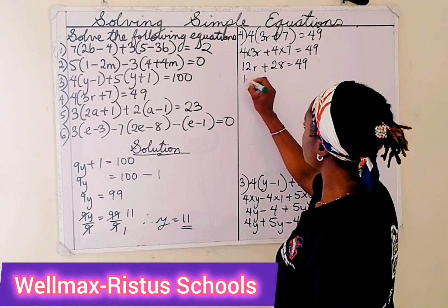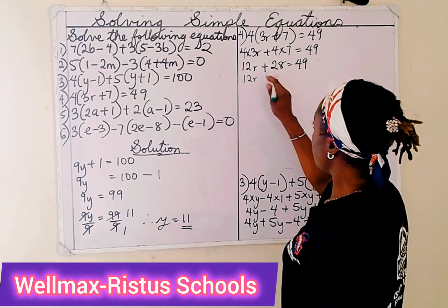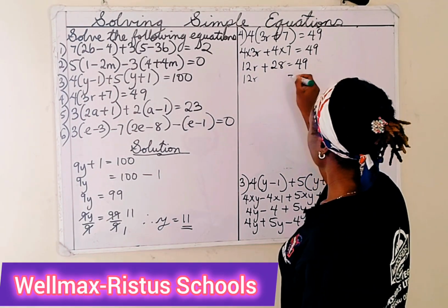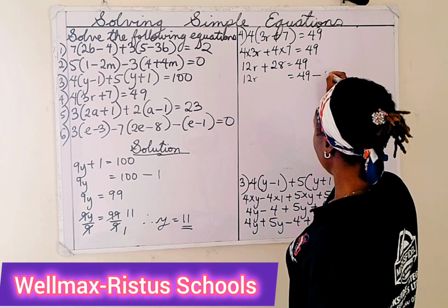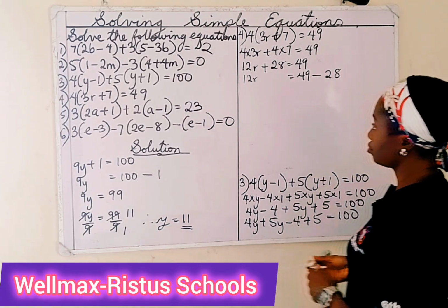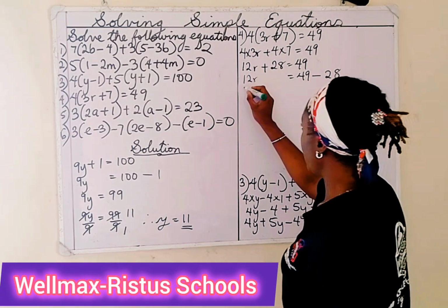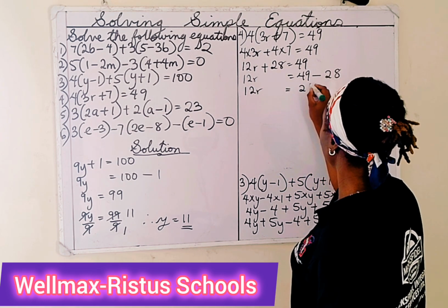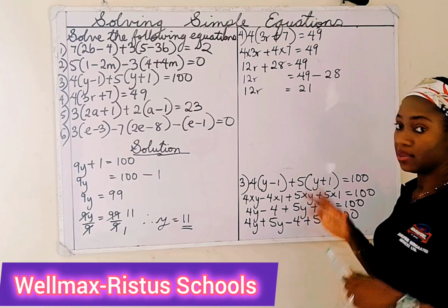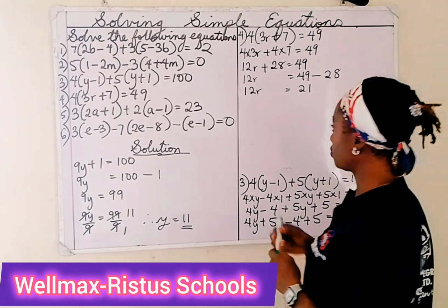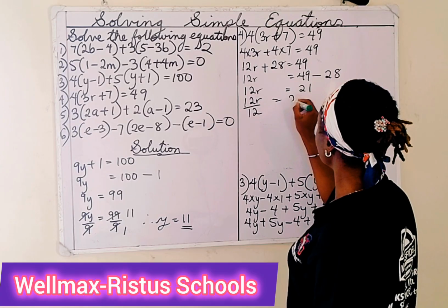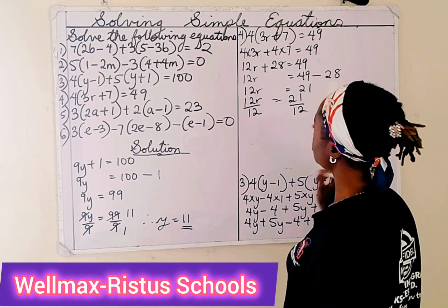So we're left with what? 12r. Now we have to move plus 28 to the other side. 12r equals 49 minus 28. Alright? They'll have 12r equals 21. Then we're going to divide both sides by 12. We have 12r divided by 12 equals 21 divided by 12.